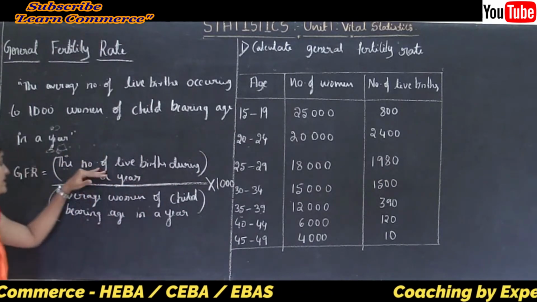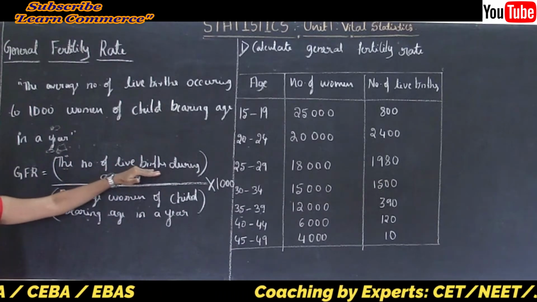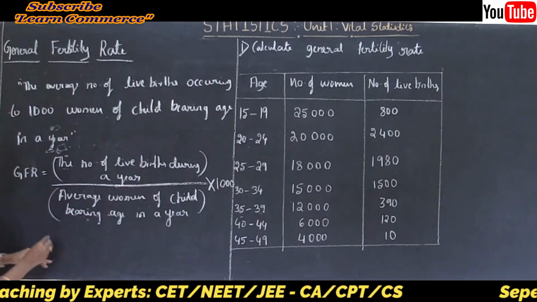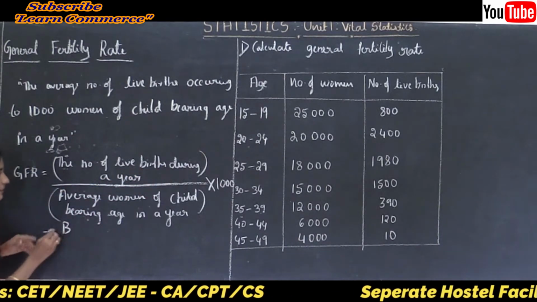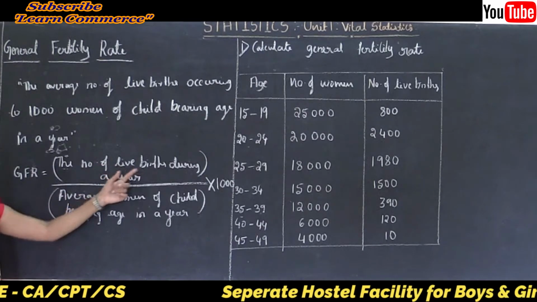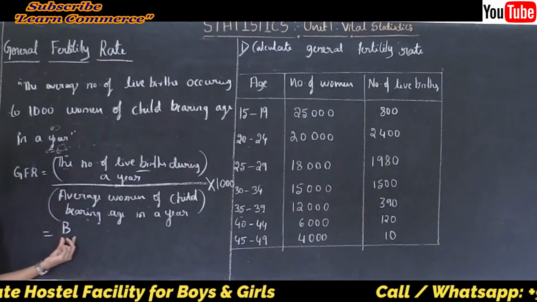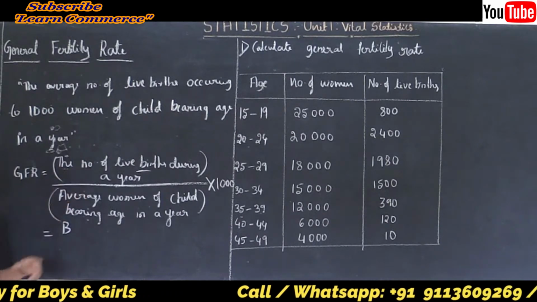See, here the first one is the number of live births. As we know, in the CBR also the number of live births is denoted by B. So here B is the number of live births during a year.